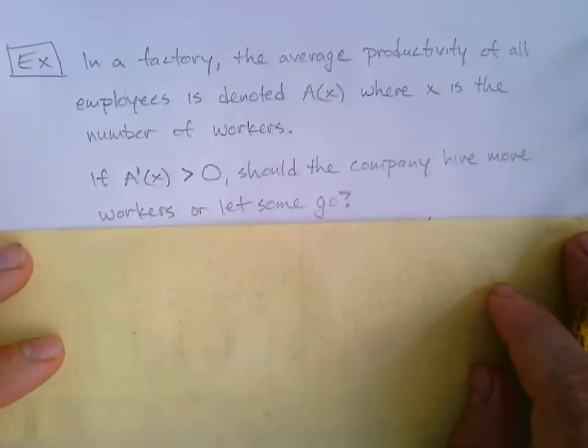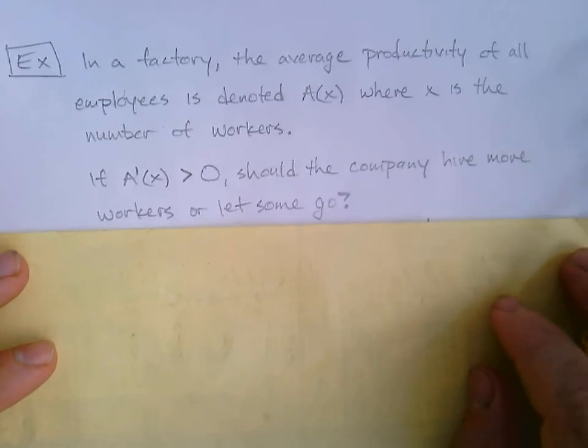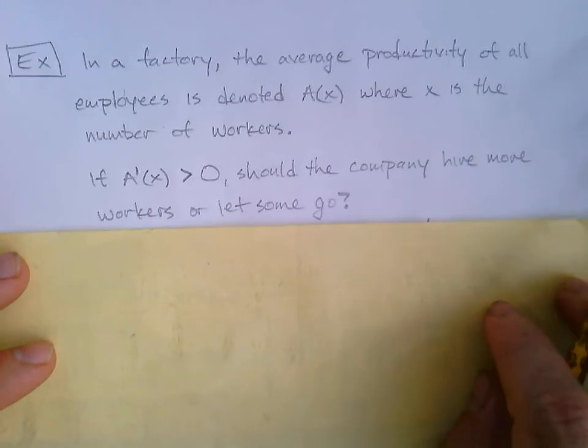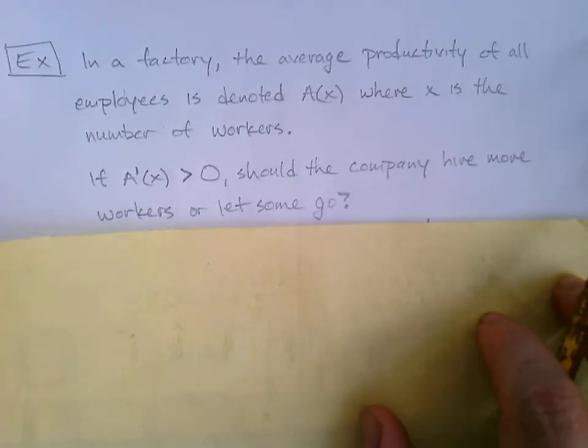I'll read it together. In a factory, the average productivity of all employees is denoted A of X, where X is the number of workers. So you think, from all the people working in a given shift, take all of the productivity that all of those people did together and then divide it by the number of workers, and that would be the average productivity.